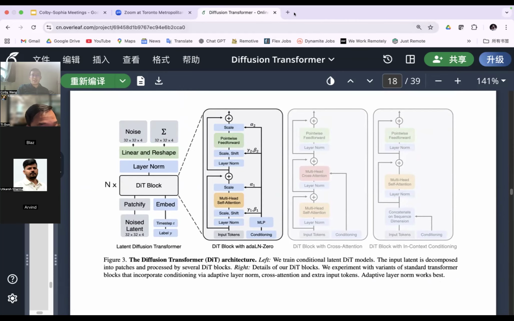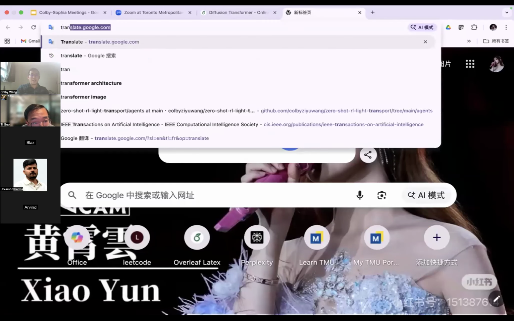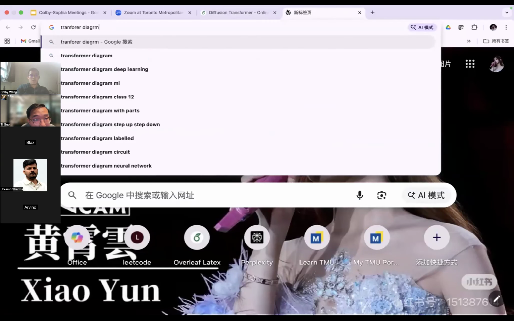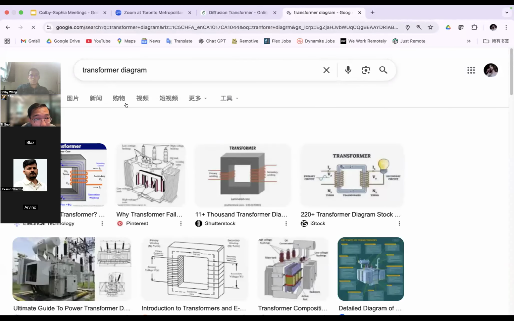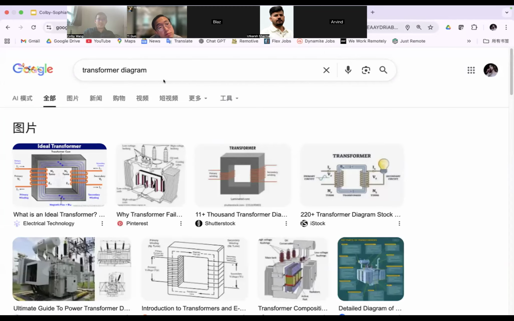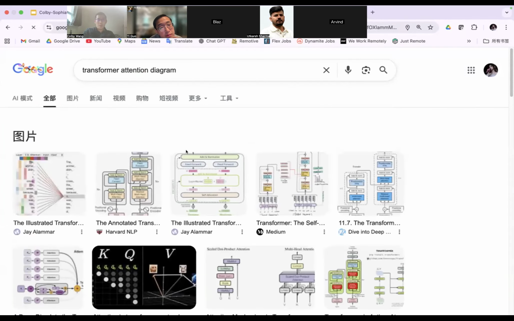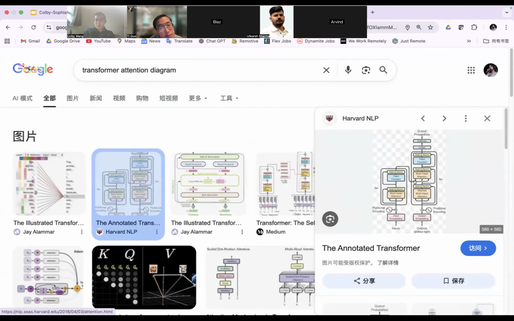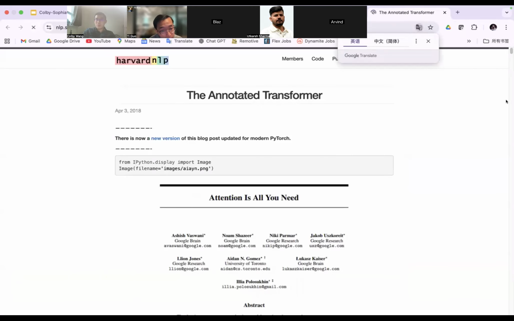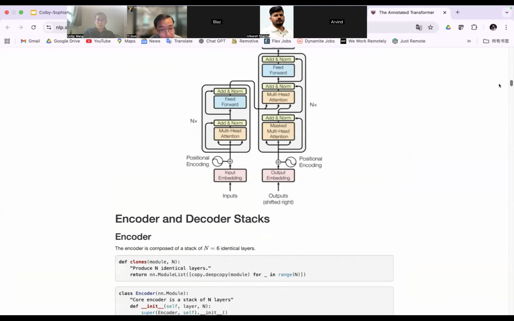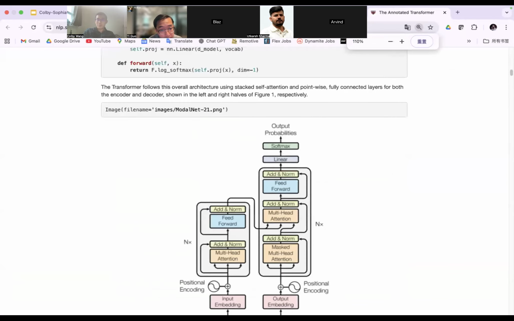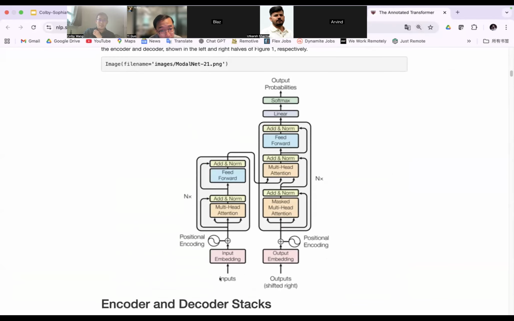If we compare that to an actual transformer, if you remember, what a transformer does is we start with a bunch of tokens, add positional embedding, and then do the attention.